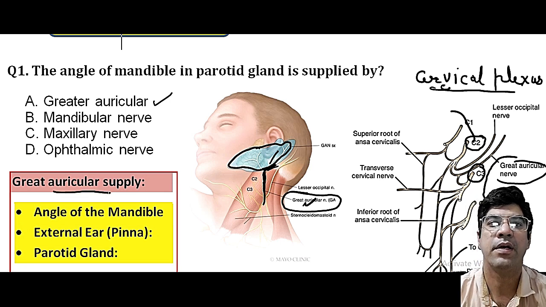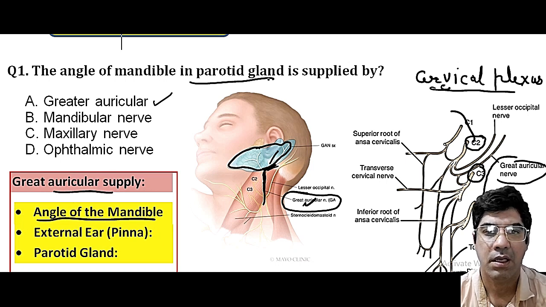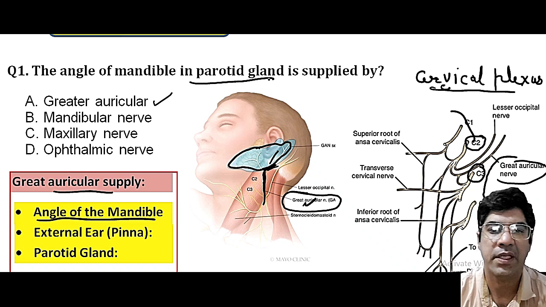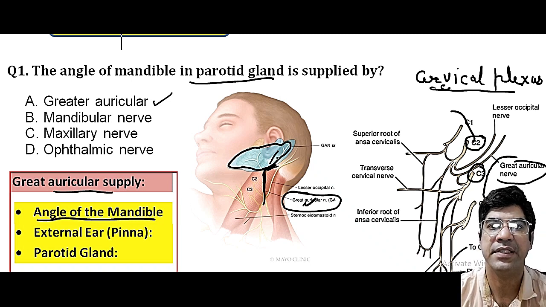So it gives off branches in this region that provide the sensory innervation to skin over the angle of mandible.